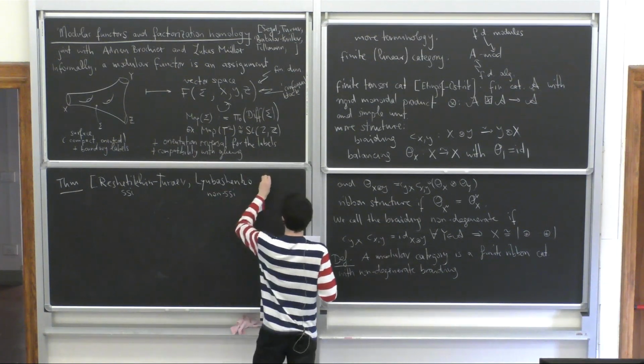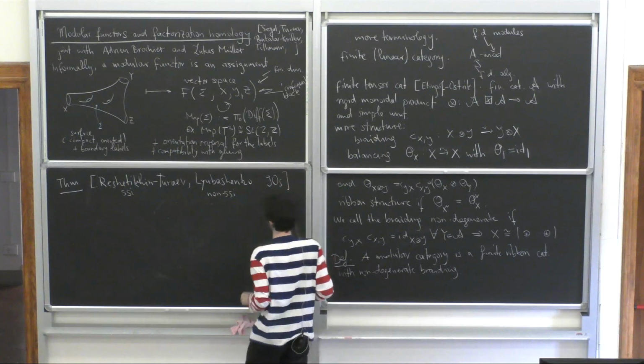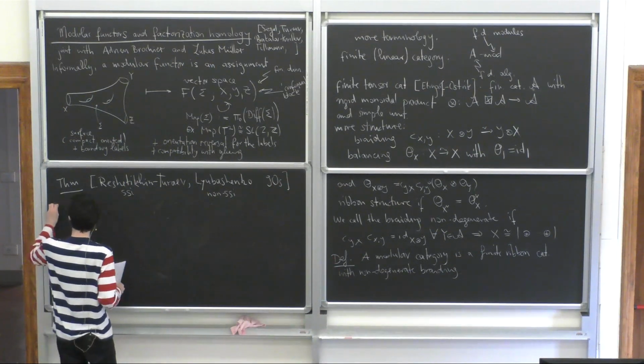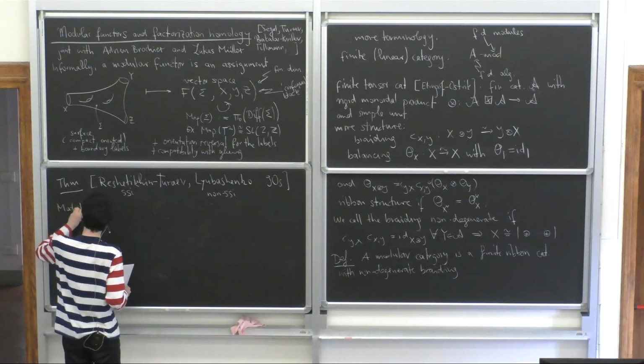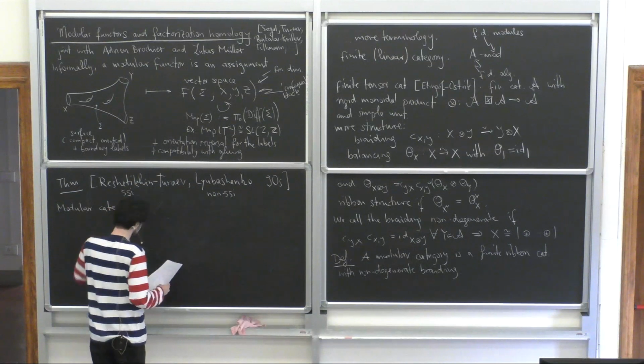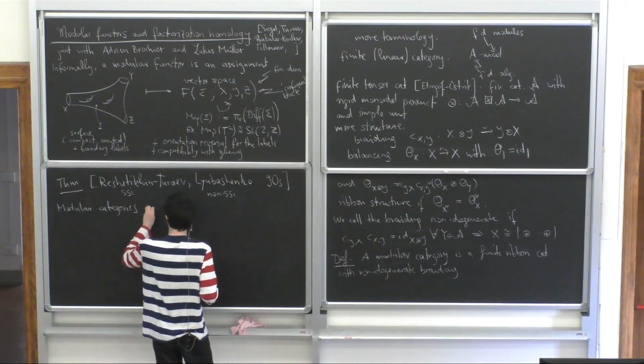So this is from the 90s. Yeah, and let's summarize this. So the result is basically: modular categories produce modular functors.